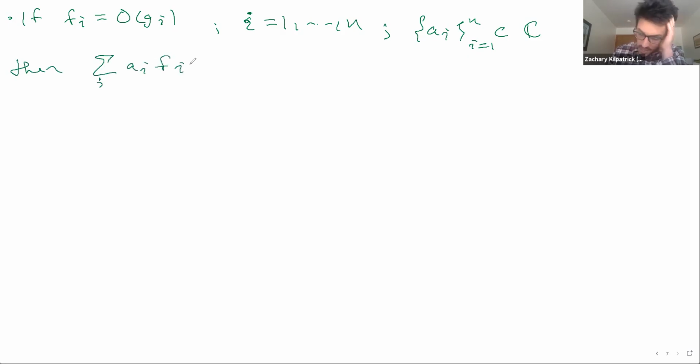take a linear combination of my functions, and that will be big O of the linear combination of the magnitudes of my coefficients times the magnitude of my functions g_i there, okay?